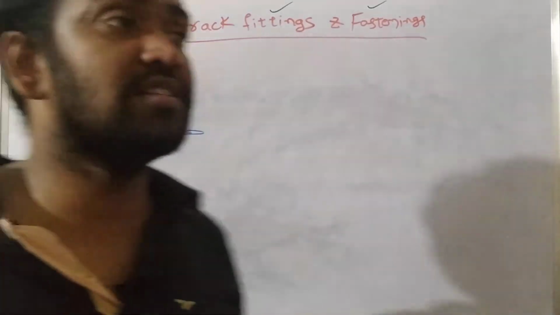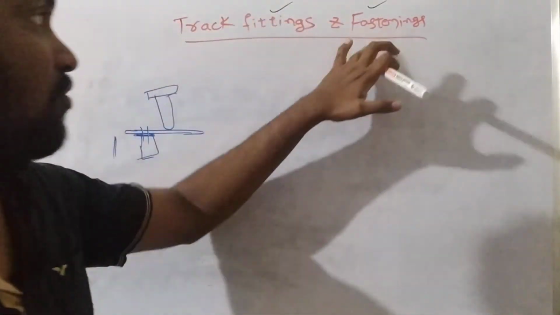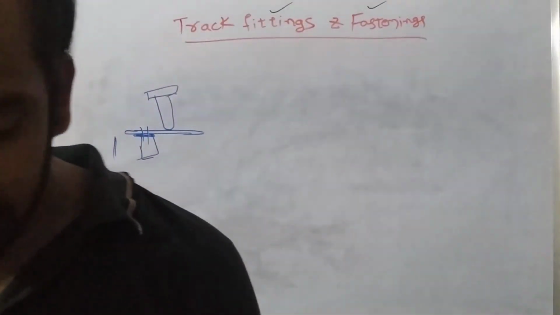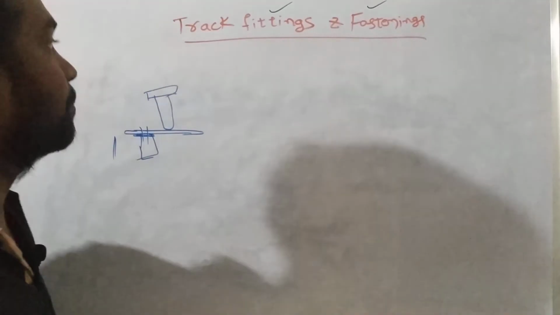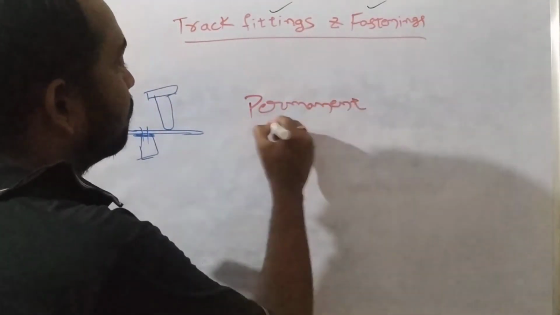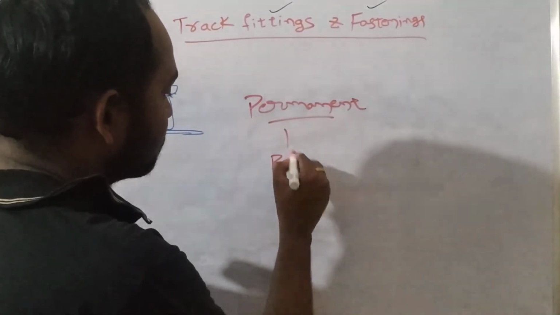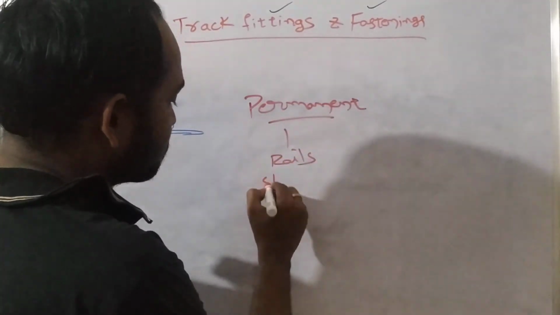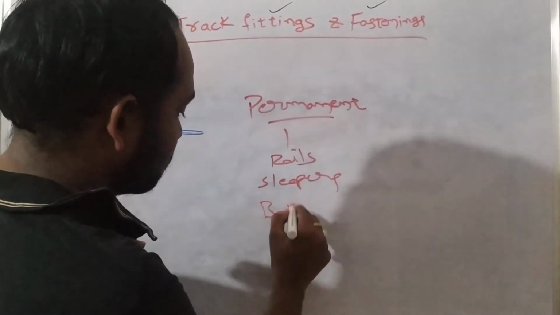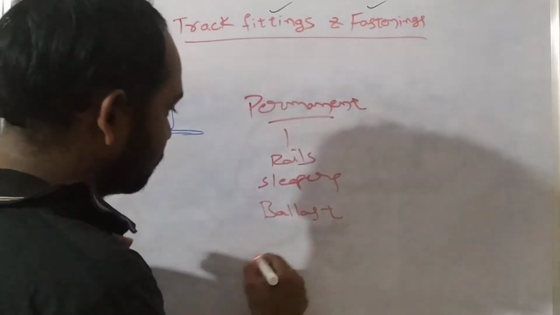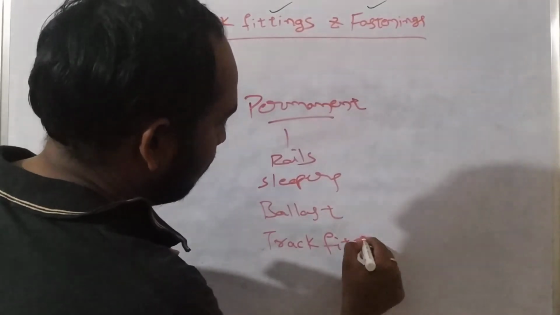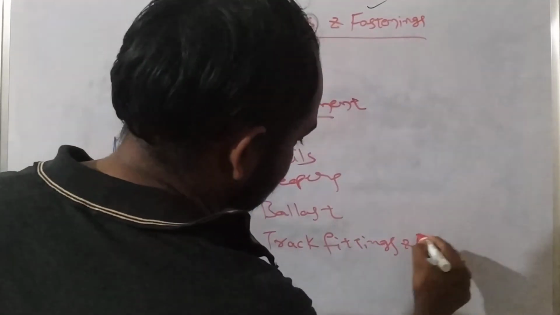So this is about track fittings and fastenings. Up to now we have completed the discussion of permanent way. In the permanent way of a railway track, we have discussed rails, sleepers, ballast, and lastly track fittings and fastenings.